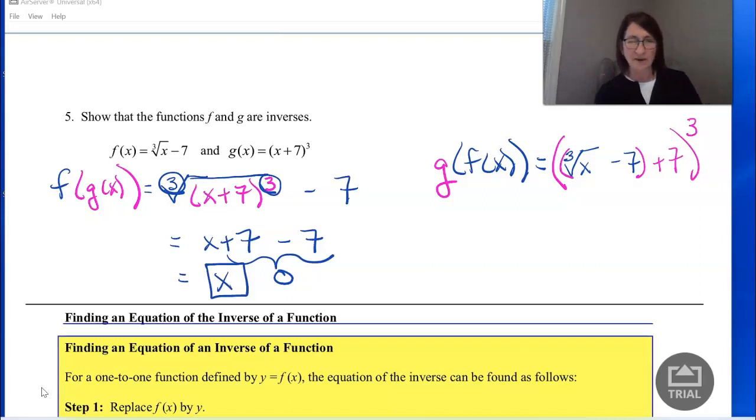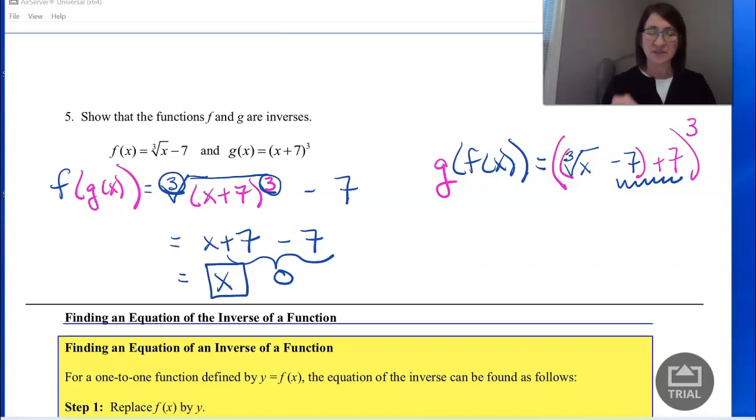So let's be careful here. Let's simplify inside of the parentheses before we apply that exponent of 3. So I've got a minus 7 plus 7, which is 0.